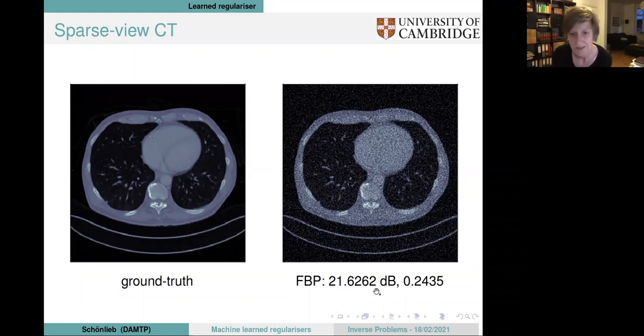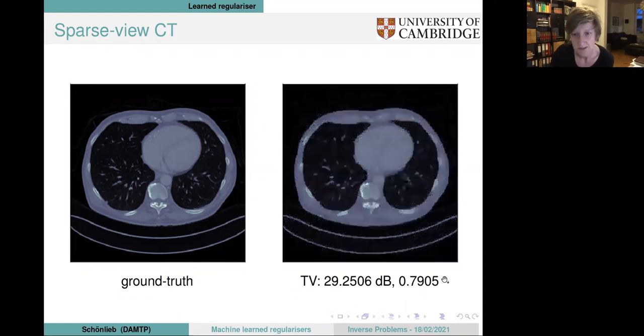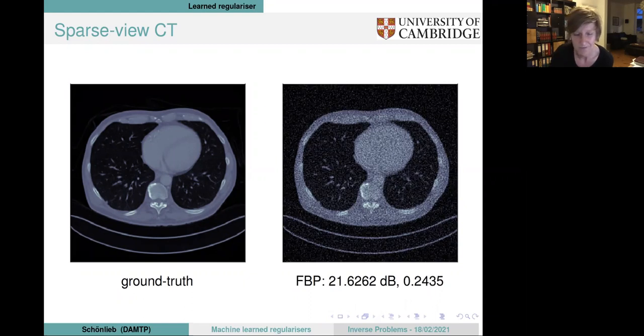Yeah? So the larger those are, the better. This is filtered back projection, so this looks like this. This is the total variation. I've worked now on variational regularization for many years, but just to say, that is still quite impressive in a way, right?